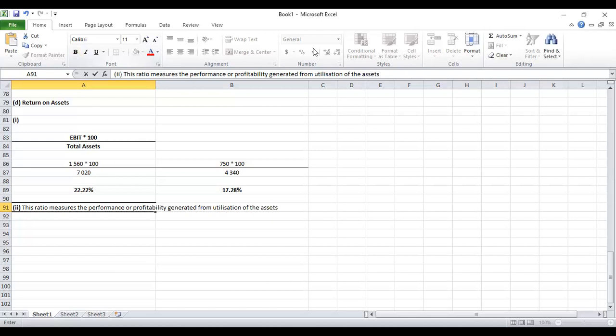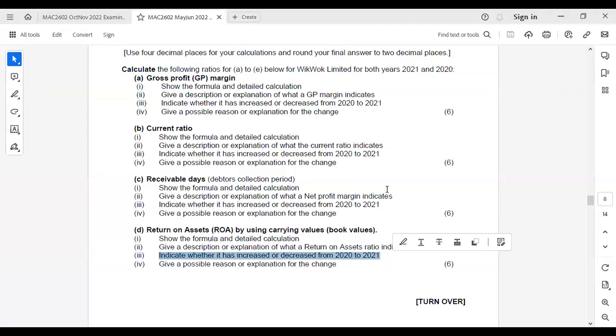Right. Then indicates whether it has increased or decreased.